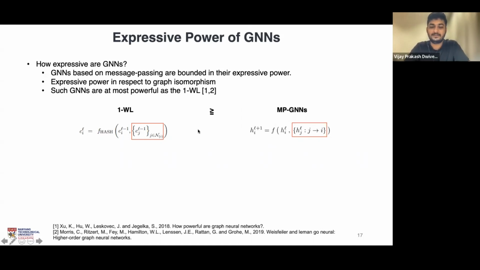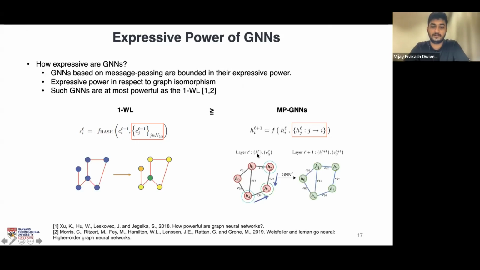If it were injective, it would be of a similar nature to 1WL, and we would have equal expressivity. But since we don't know the nature of the function f, its expressivity may also be lesser than that of 1WL. Hence, GNNs are at most as powerful as 1WL.